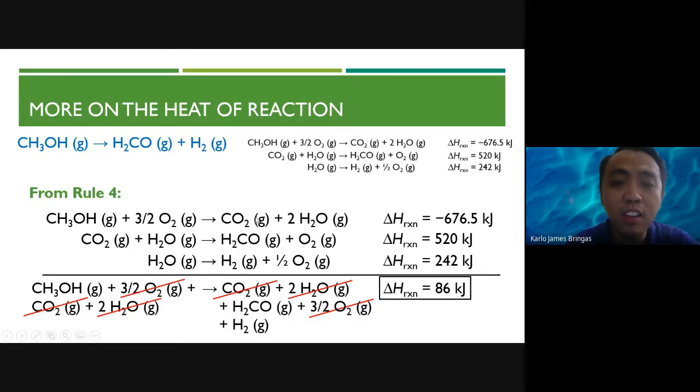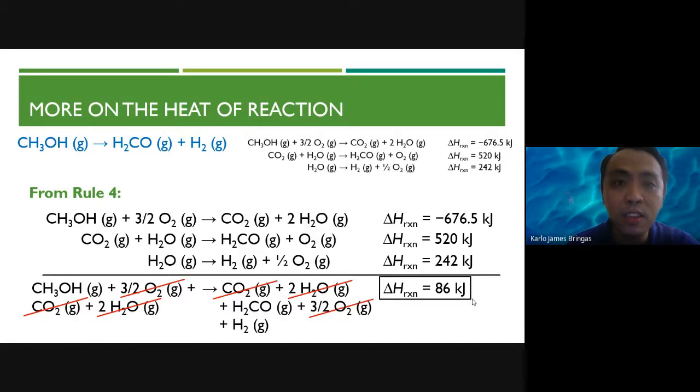And from Hess's law, we simply have to add up the delta H Rxns that we have. So that's how we get this answer of 86 kilojoules.